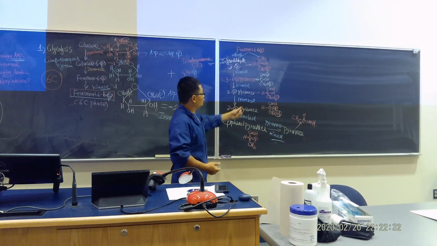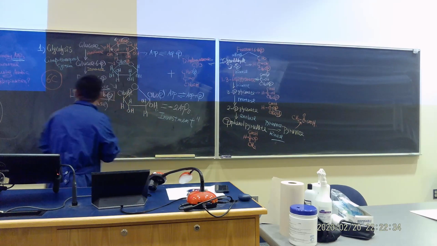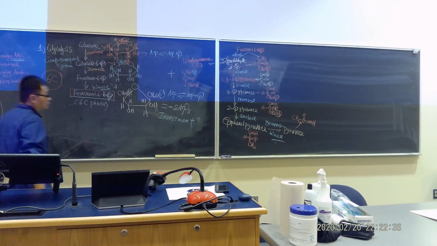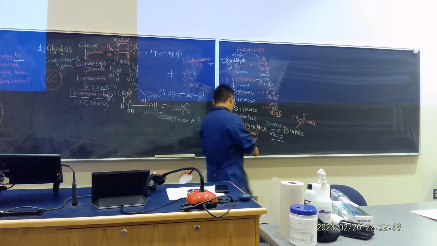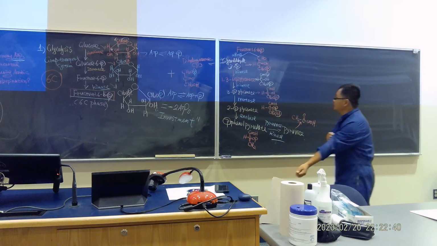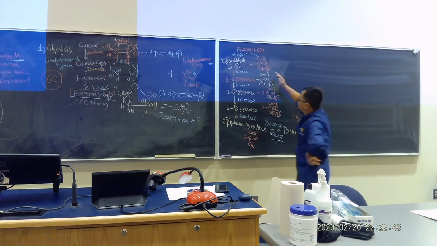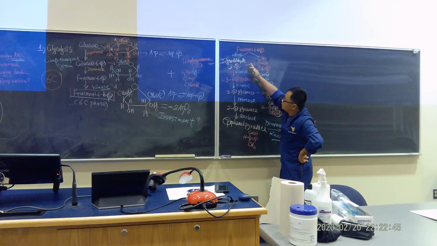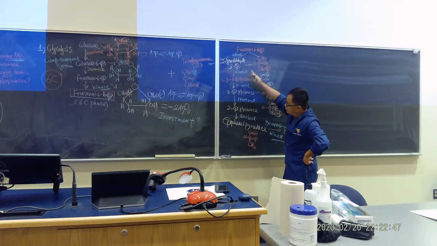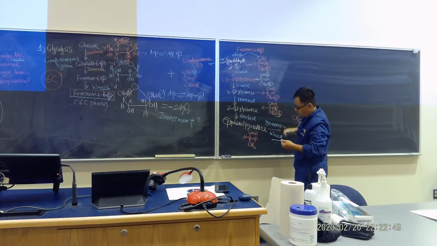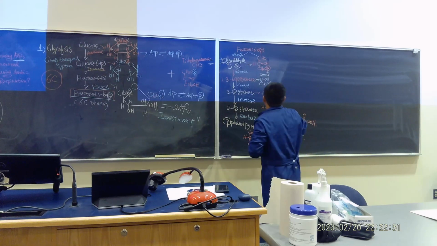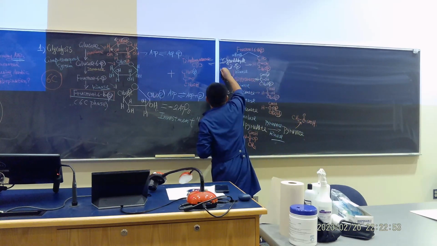Okay, we wrote the name, we wrote the structure, what we care about is how many ATPs we generate. Okay, this is going to be something tricky. Okay, you look at here. Glyceraldehyde 3-phosphates become 1,3-bisphosphoglycerate. This is something dramatic happening.